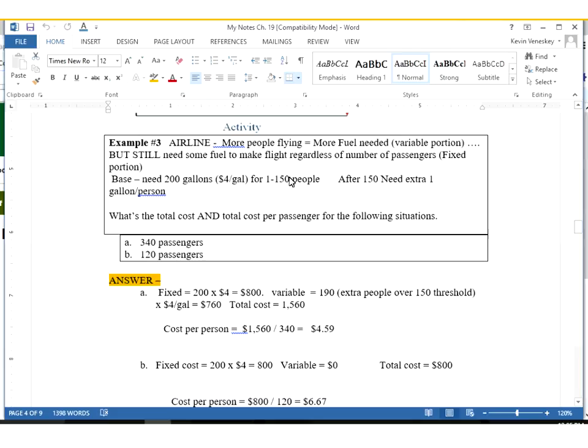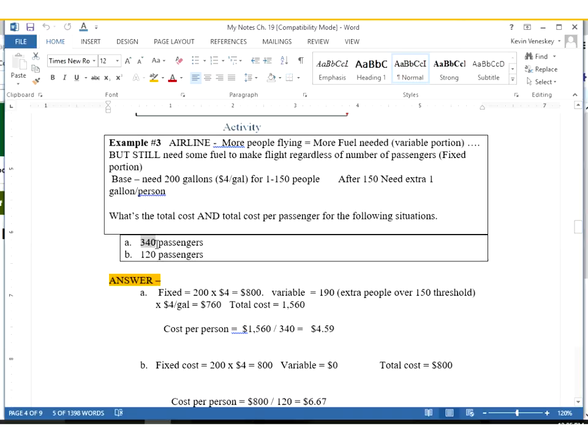Now, that plane is going to need 200 gallons regardless if we have one or all the way up to 150 people on board. Now, for every extra person after 150, we need 1 gallon per person. So if we have 160 people, I need 10 extra gallons. I'll need 210.